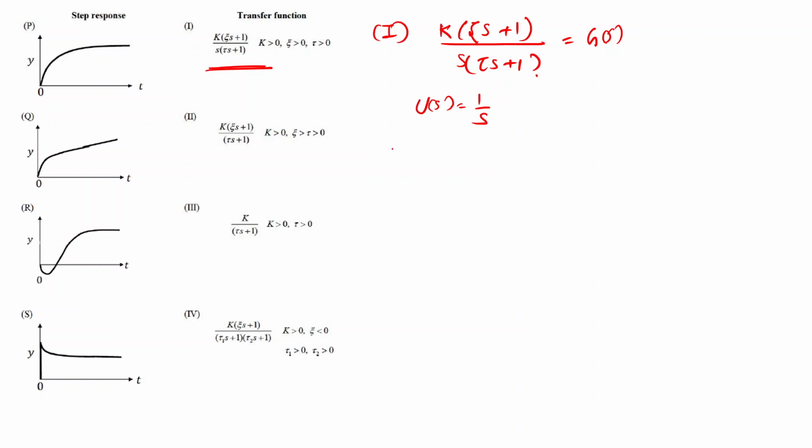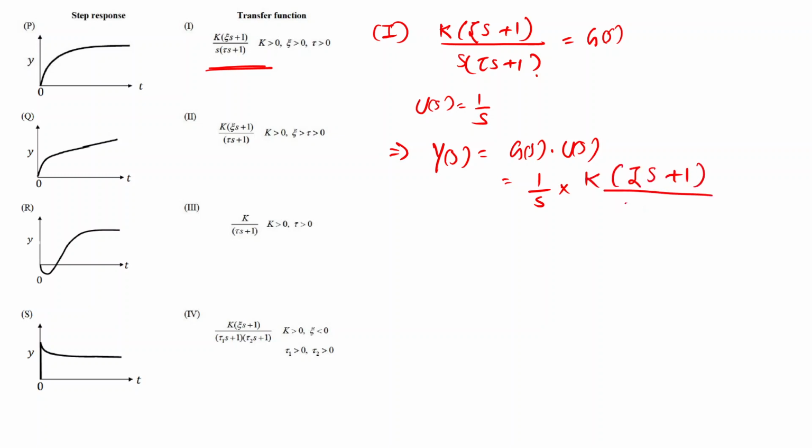So we can find the response as y of s is equal to g of s into u of s, that will be 1 upon s into k times (zeta s plus 1) upon s (tau s plus 1).